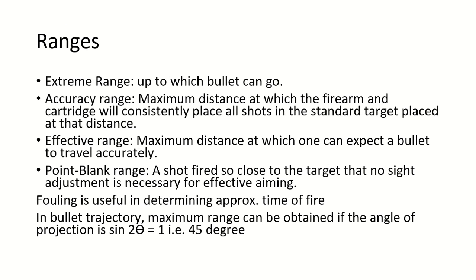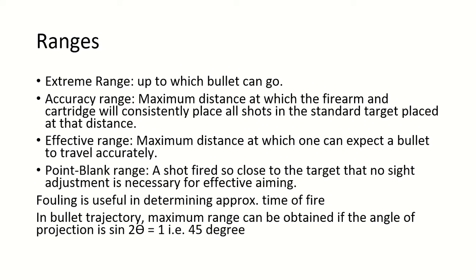The different ranges in case of firearms: extreme range, up to which the bullet can go; accuracy range, the maximum distance at which the firearm and cartridge will consistently place all shots in the standard target. So accuracy is to hit the target, the maximum distance at which the target can be hit.